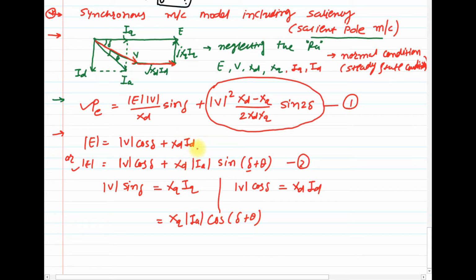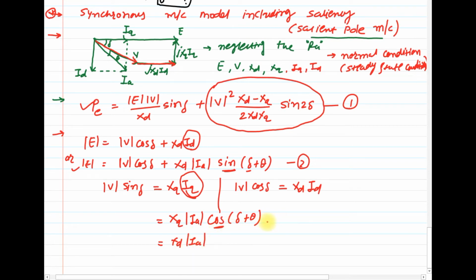Same equation. Now we just need to substitute the value of IQ instead of ID. So the only change over here is cosine instead of sine. Clear? So just substitute the value of, this is simple mathematics, you just have to follow the process.